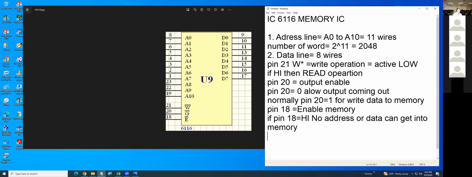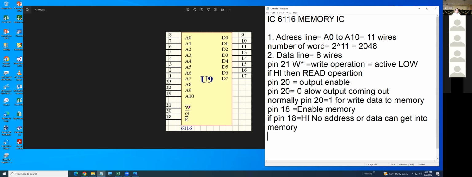That is the key point. If the pin 18 enable is at logical 1, no address can get in, no data can get in, nothing.